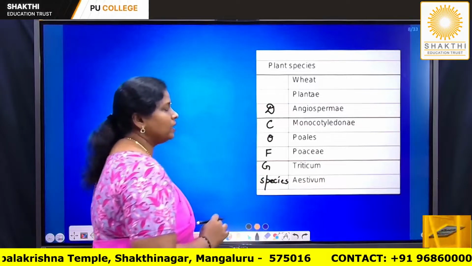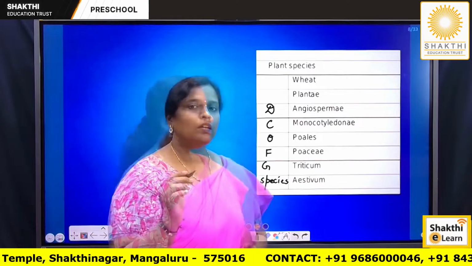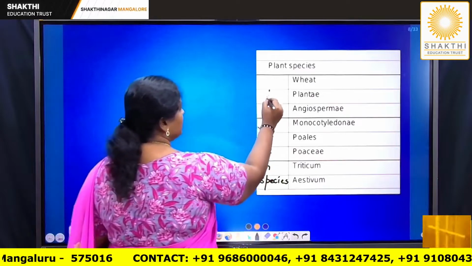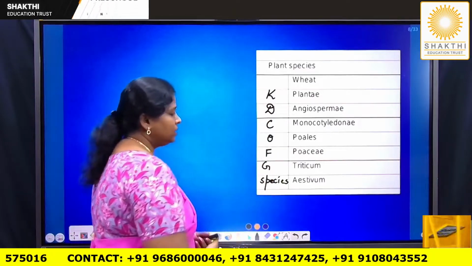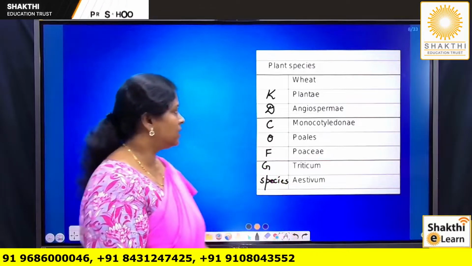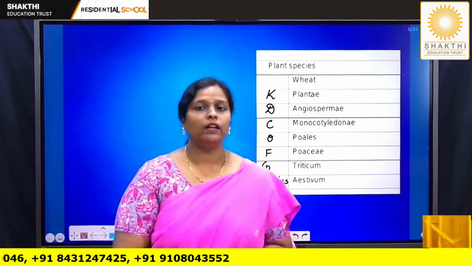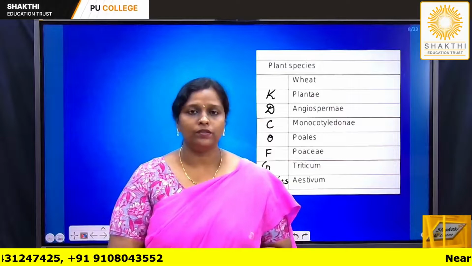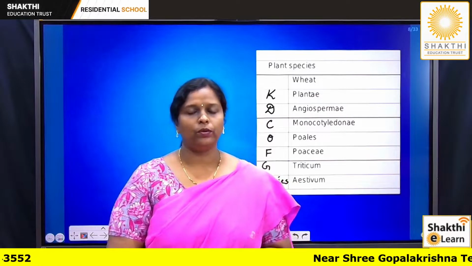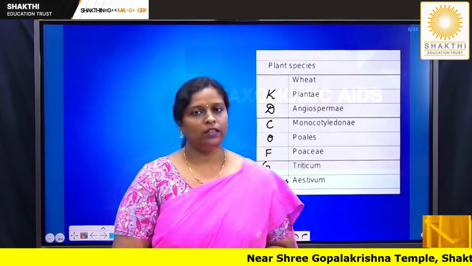When we are representing a plant, we don't write it as particular phylum, we write it as division. Kingdom is Plantae. So this is a taxonomic hierarchy of wheat. So the 4 things what I discussed, that is taxonomic hierarchy of man, mango, housefly and wheat. All the 4 are very important from the examination point of view. Anyone is usually asked for 3 marks.